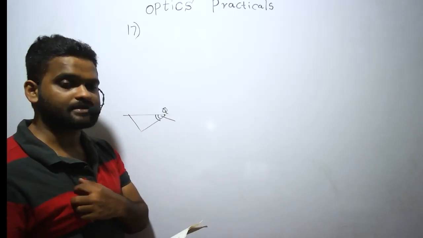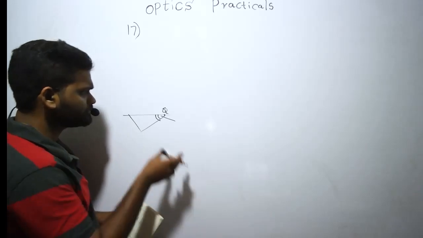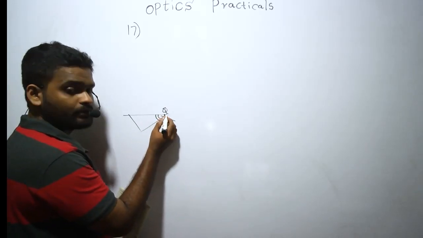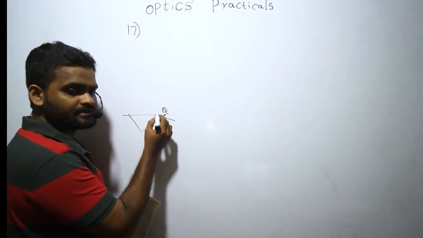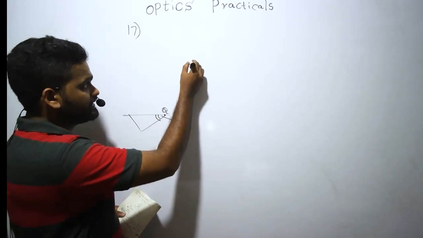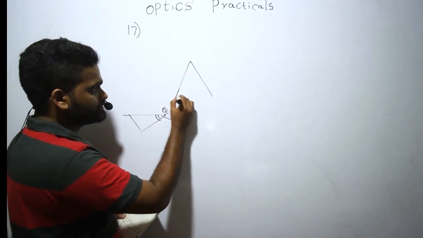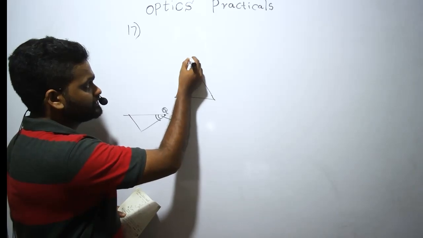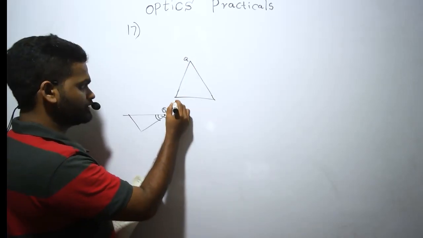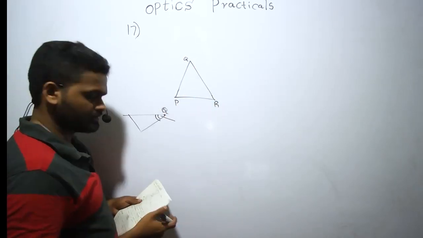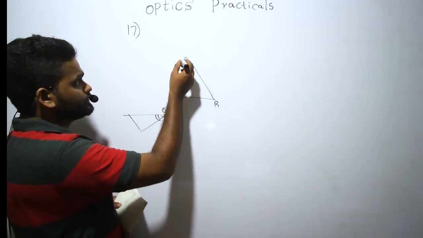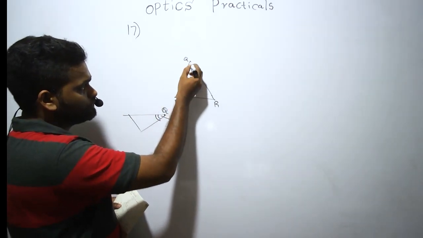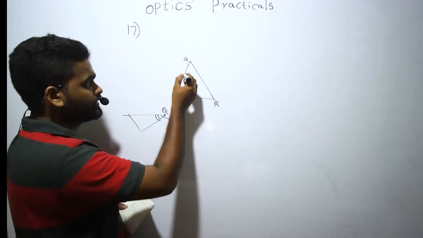So to find the prism angle, you have to identify the Q vertex. Then you place the prism like this. Q vertex is here, and these are P and R. So you place the prism like this.